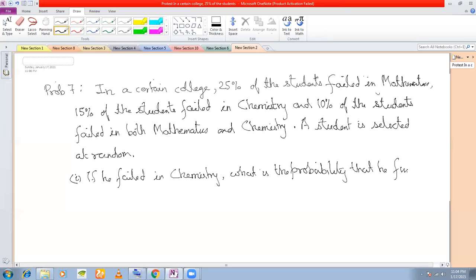Now there are 3 parts to this question. This is the first part. First part I'll just solve now, and second and third part I'll solve tomorrow.